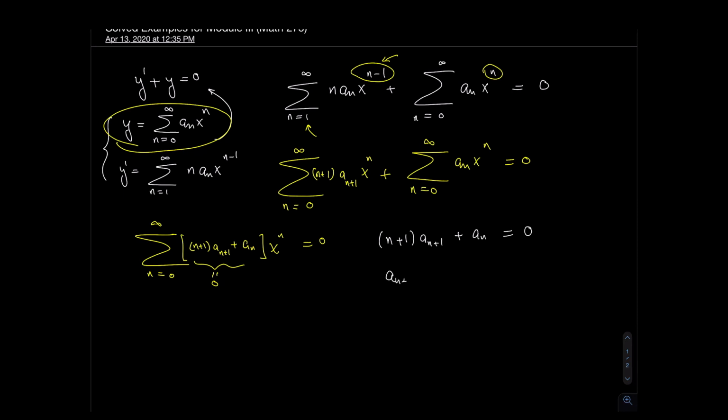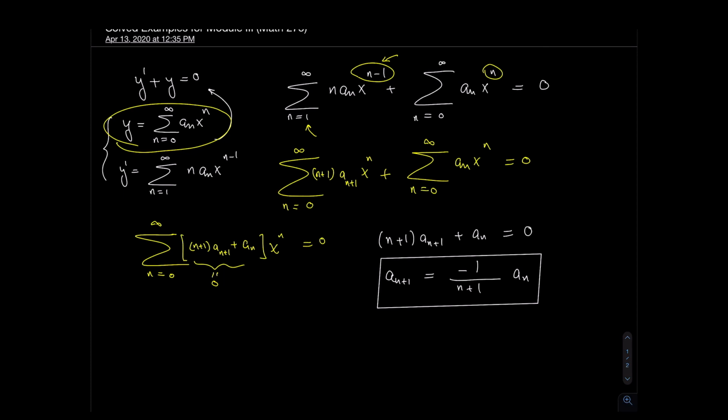Solving for the higher term, a_(n+1) is equal to minus 1 over n plus 1 times a_n. That becomes the equation I need to use to find my constants so that I can have the solution to my differential equation.